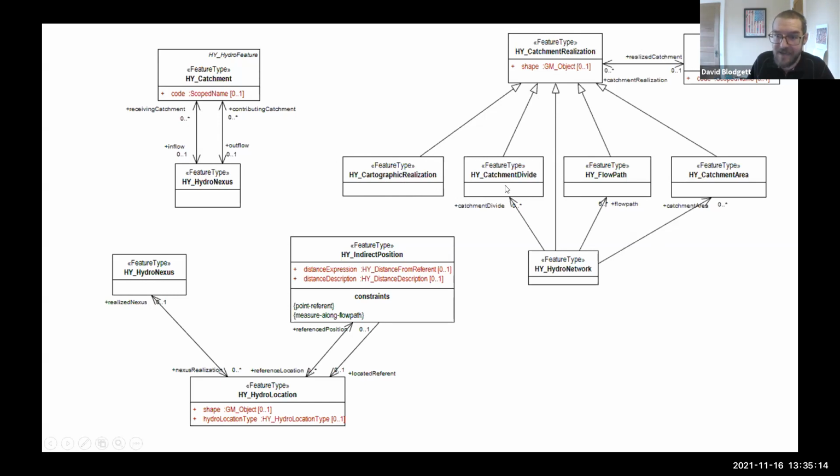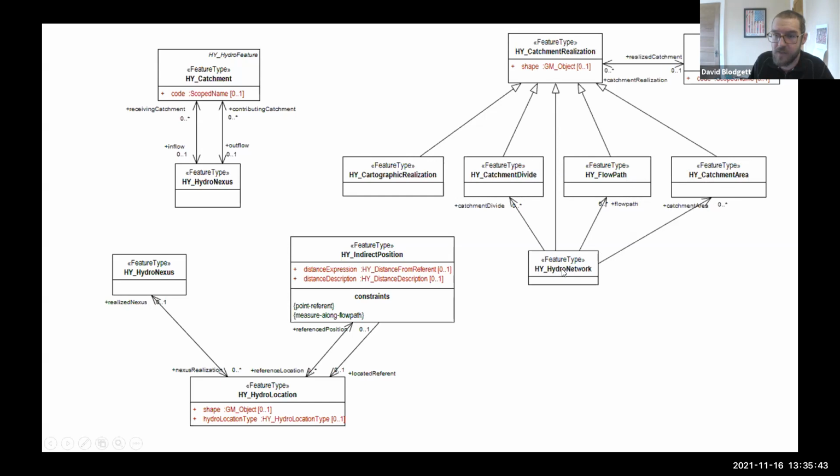We have a divide realization. We could have a polygon that is encompassing a catchment. We could have a flow path representation. So this is the line that connects its inflow to its outflow. Or we could have an area, which could be some attribute space that represents the characteristics that are enclosed by the divide, right? And there's another subclass of catchment realization that is network.